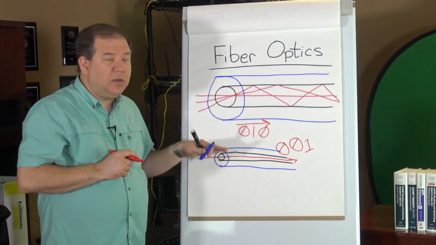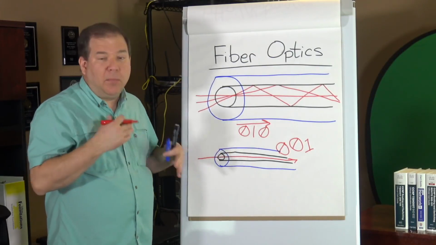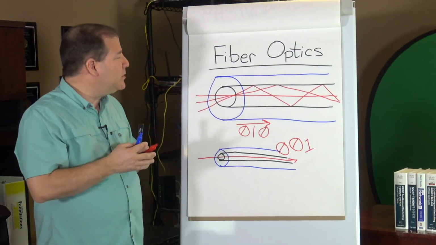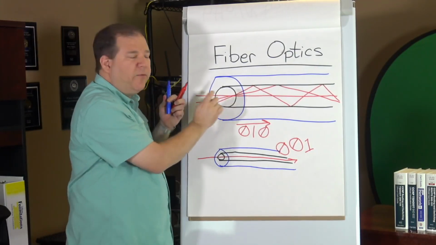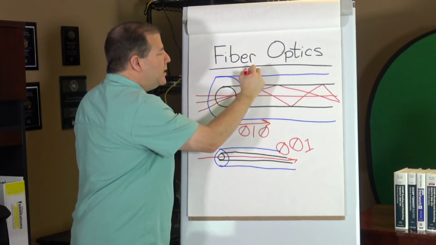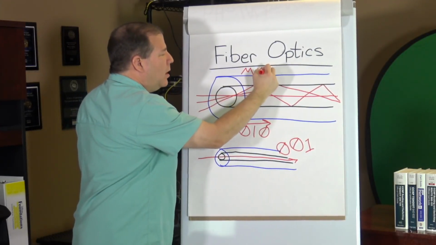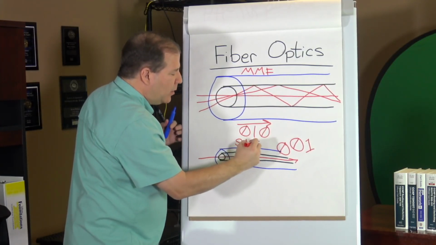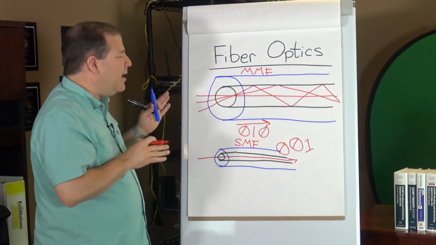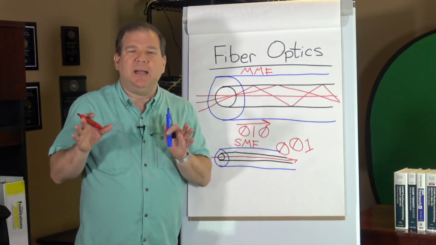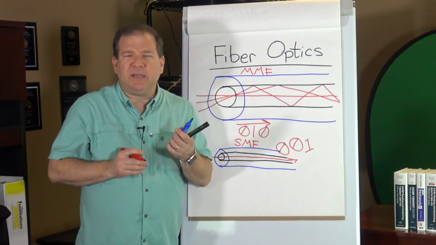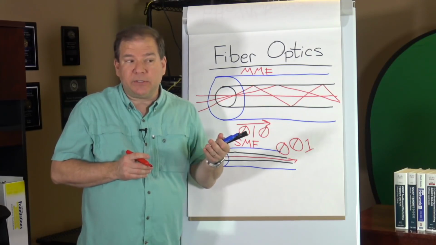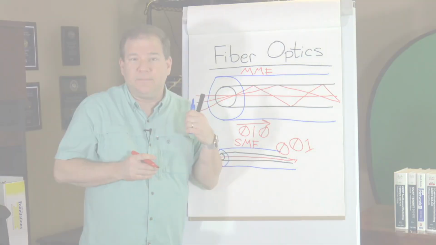And as a result, we don't have to worry about this multi-mode delay distortion. You're oftentimes going to see this type of fiber optic cable referred to as multi-mode fiber, and the bottom type is referred to as single mode fiber. Those are a couple of different types we have. Now, let's go out to some slides and take a look at some specific types of cables, connectors, and distance limitations.